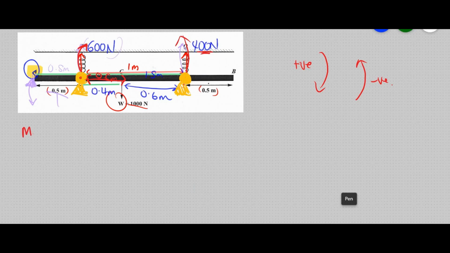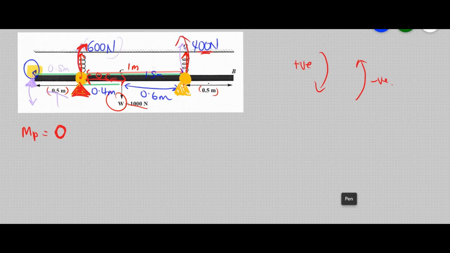The moment provided by P we'll call 0, because the pivot is providing support, so it's not taking any turning force.